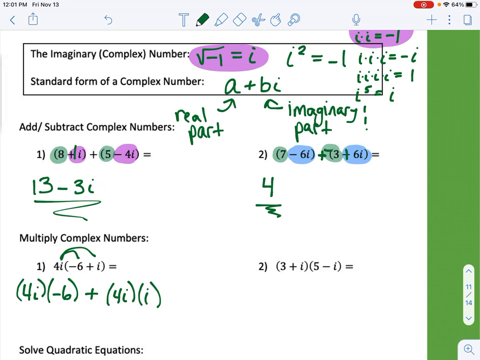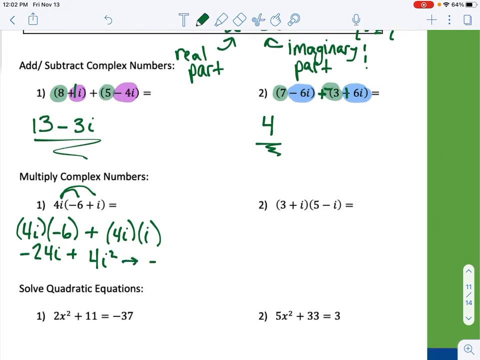So on this first part, 4i times negative 6, you just multiply the numbers and you get negative 24i. On the second part, it works sort of like an x. If you had 4x times x, you would get 4x squared. So this works similarly. You get 4i squared. Now if you recall from up here, i squared is equivalent to negative 1. So we want to plug negative 1 in here.